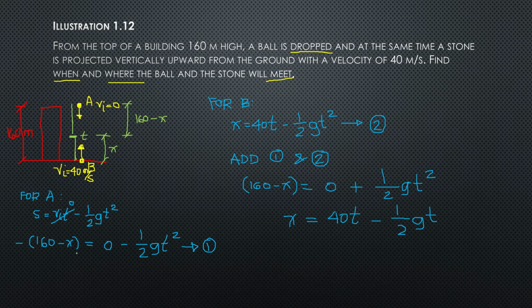So in this equation, you can divide both sides by negative 1. So this is 160 minus x equals positive 1/2 gt squared. So this should have been the equation 1.